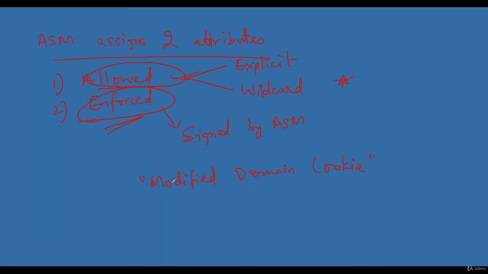And even if a cookie appears in the enforced cookies list, it can still be in staging, and a violation will not trigger in blocking stage. So for this to be blocked, the enforced cookie has to be removed from staging and the policy has to be in blocking mode.